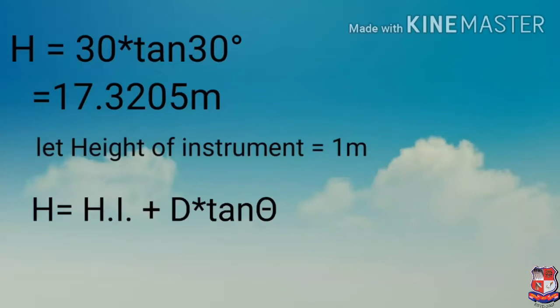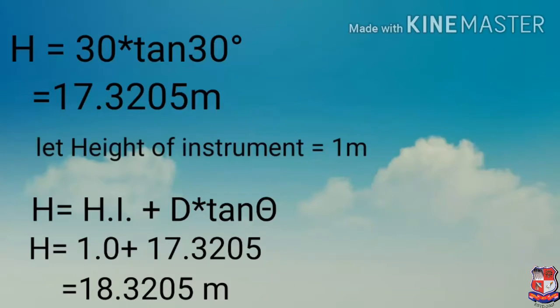Then the total or actual height of the building is equal to height of instrument plus d into tan theta, which is 1 plus 17.3205. That means the actual or total height of the building is 18.3205 meters if we neglect the benchmark.